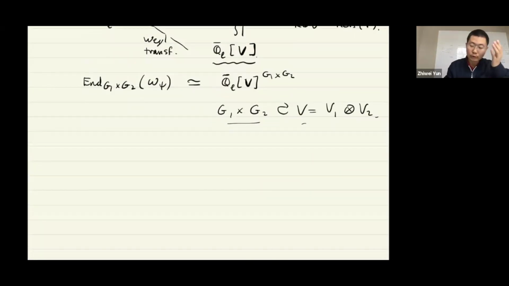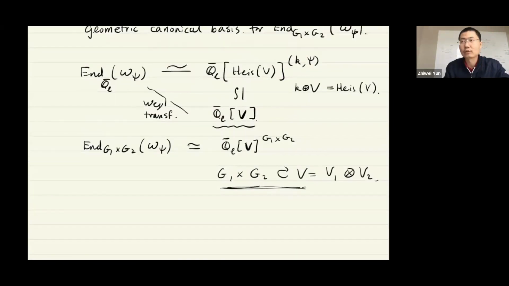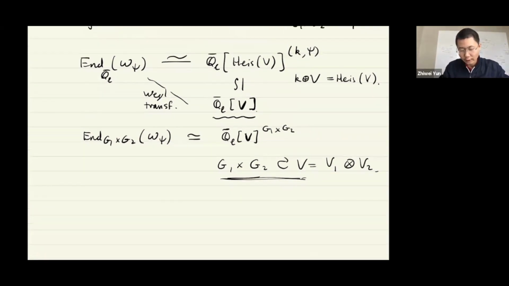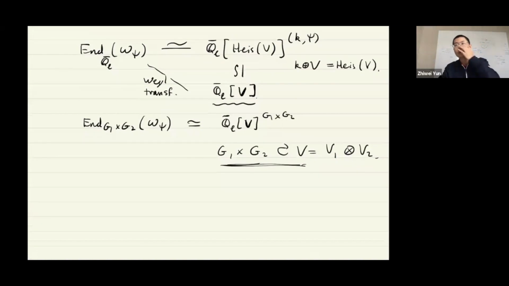We were trying to guess what kind of functions on V correspond to projectors to irreducible components of the Weil representation, and hopefully these functions actually come from G1 times G2 equivariant sheaves.